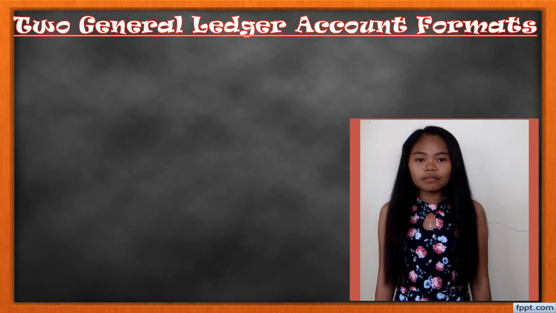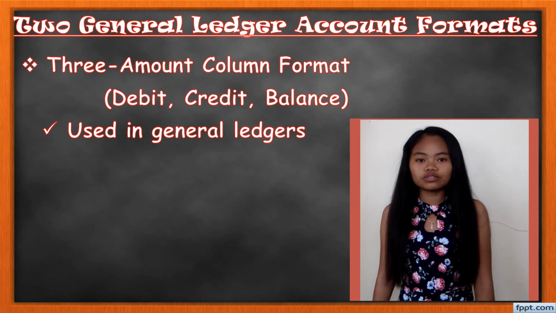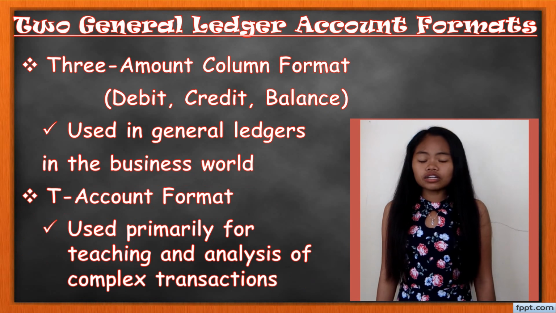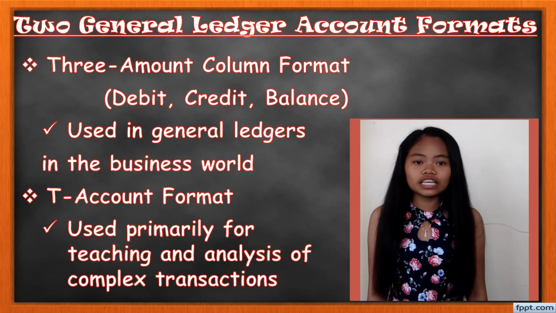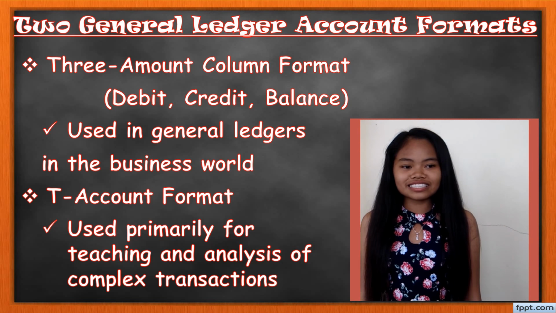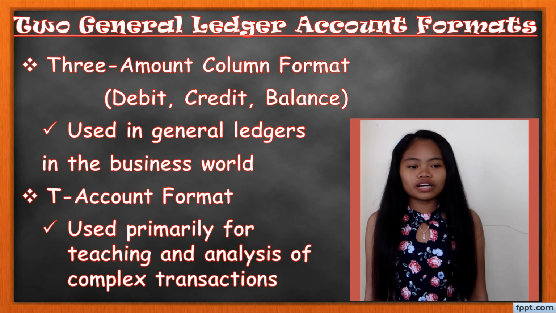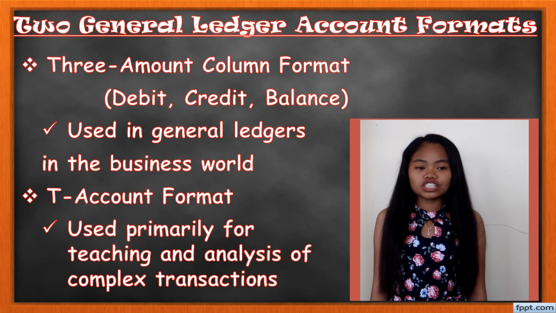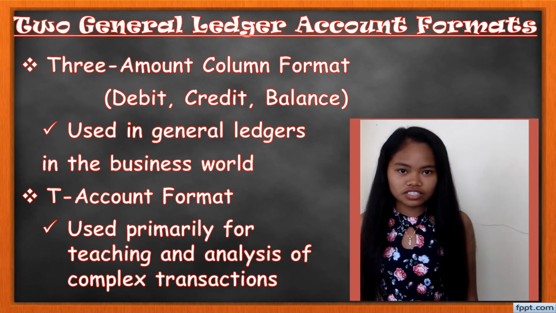There are 2 general ledger account formats: the 3-amount column format and the T-account format. The 3-amount column format, debit, credit, balance, is used in general ledgers in the business world. The T-account format is used primarily for teaching and analysis of complex transactions.